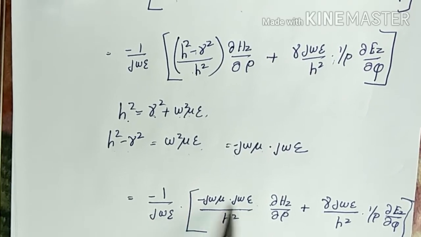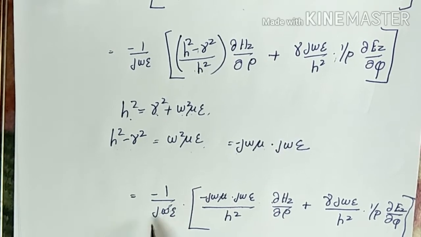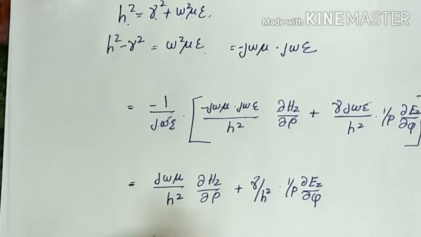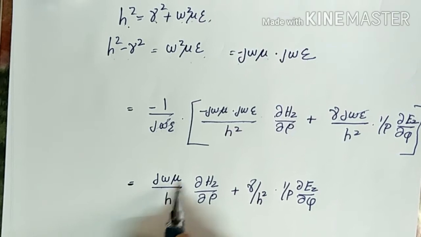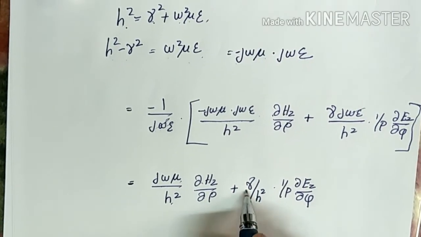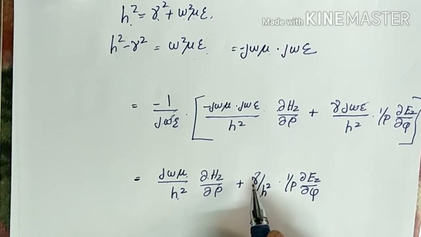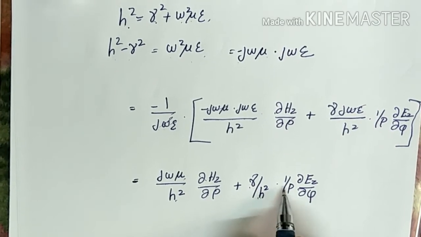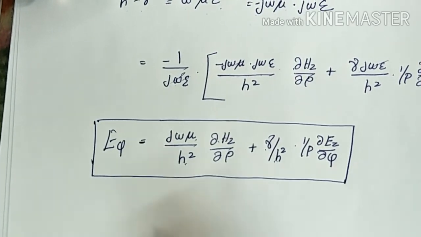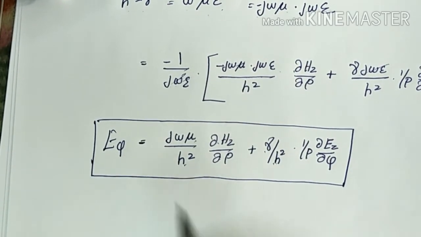So cancel here, here, here, here and here. So after that we can rewrite the equation as j omega epsilon by h square dou hz by dou rho plus rho by h square, gamma by h square 1 by rho dou hz by dou phi. So this is the final equation of E phi.